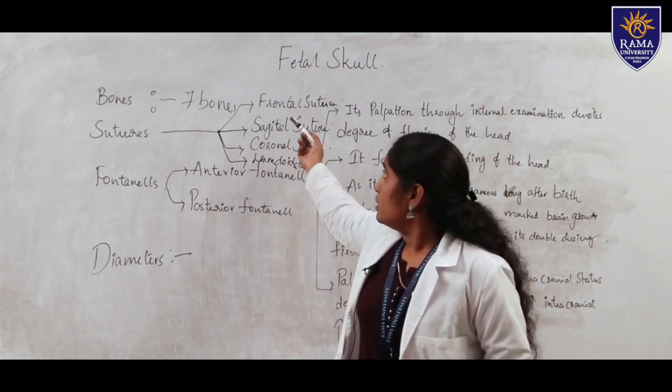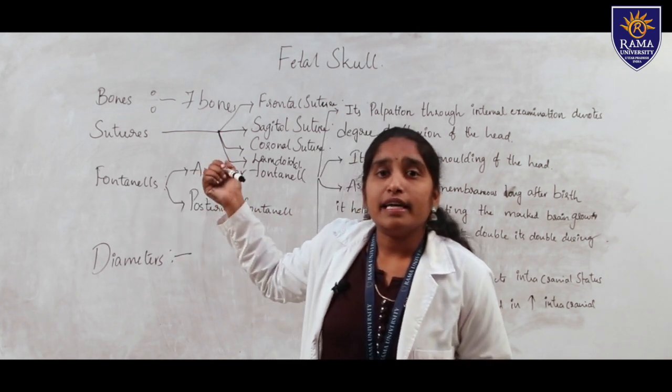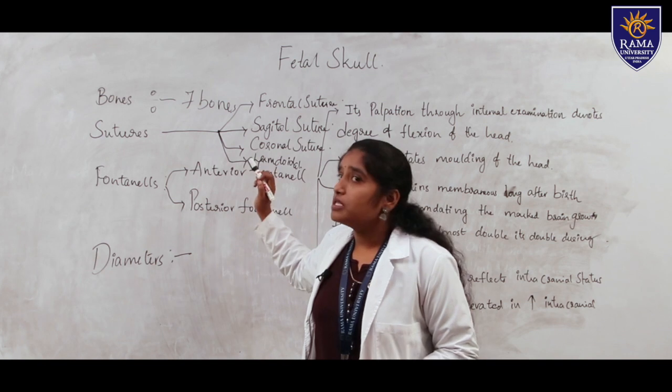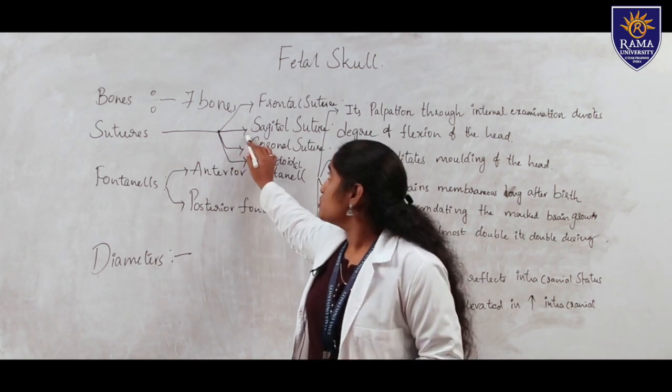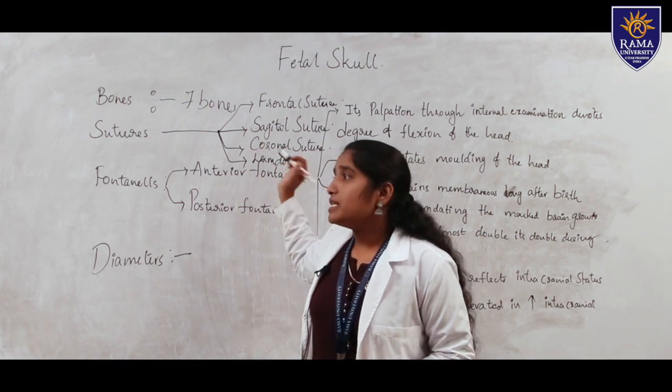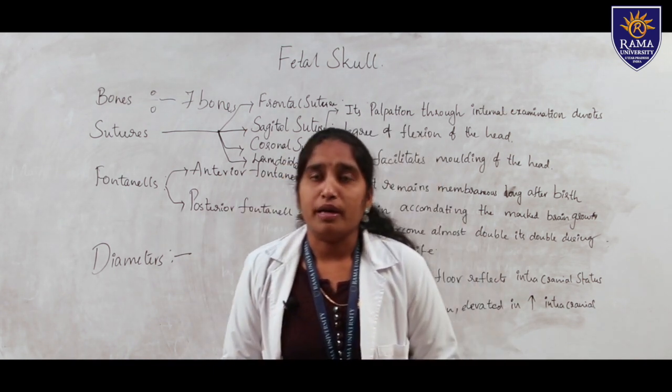In total, 4 sutures can be observed on the fetal skull. The first is the frontal suture, the second is the sagittal suture, the third is the coronal suture and the fourth is the lambdoidal suture. Now I will explain them one by one.